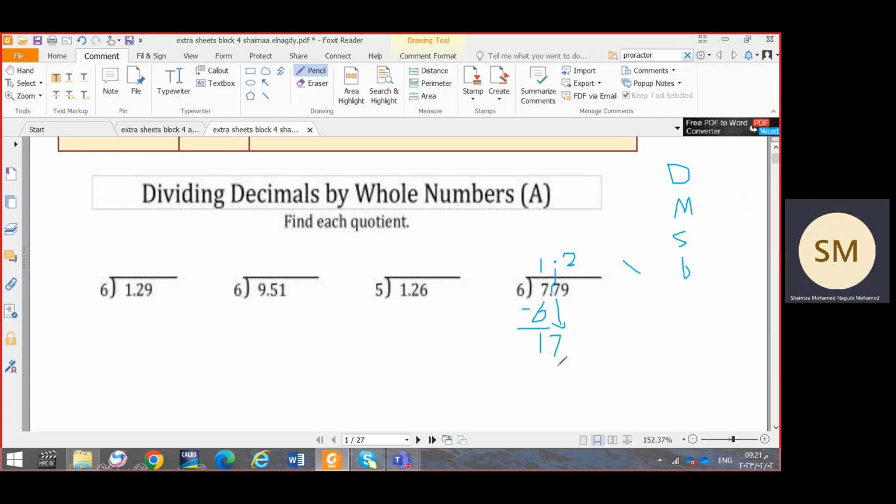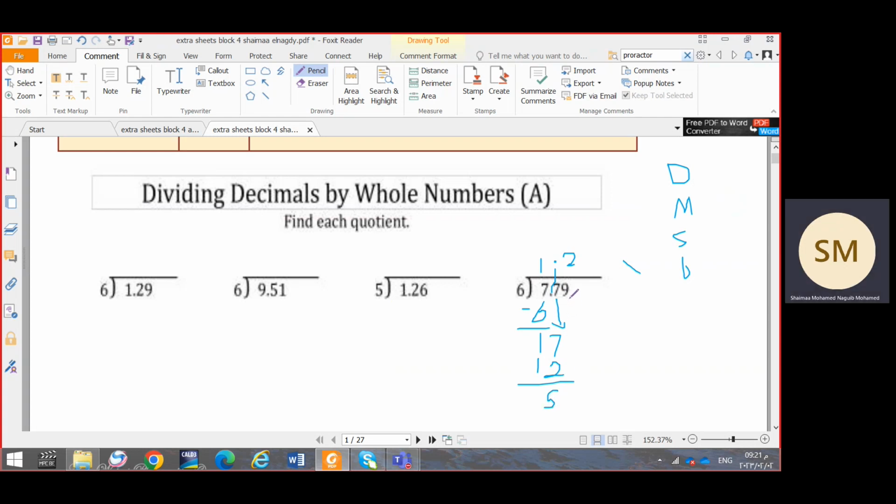So you will choose the number smaller than or equal to 17. There is nothing in table 6 called 17, so you will choose 2 multiplied by 6, which is 12. Then I make the multiply, then I go to the subtraction. So 17 minus 12 gives me 5.